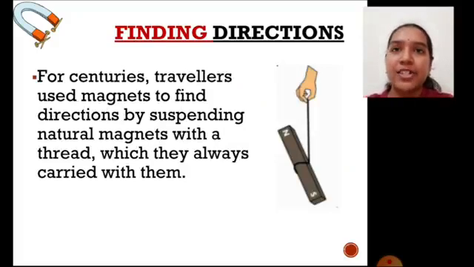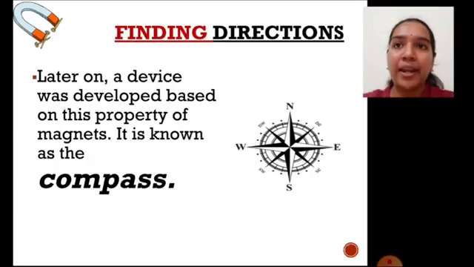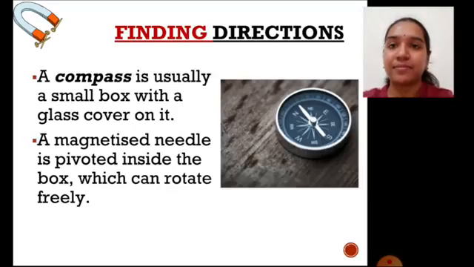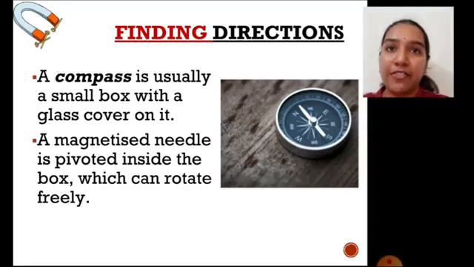For many years, travelers used magnets for finding directions by suspending the natural magnets with a thread. To make finding directions easier, man discovered a device called compass, based on the property of magnets. A compass is a small round box that is covered with glass on one side and has a magnetized, freely rotating needle fixed at the center.